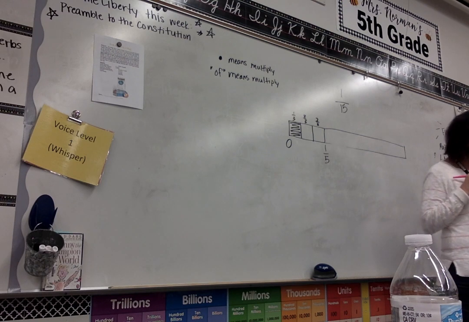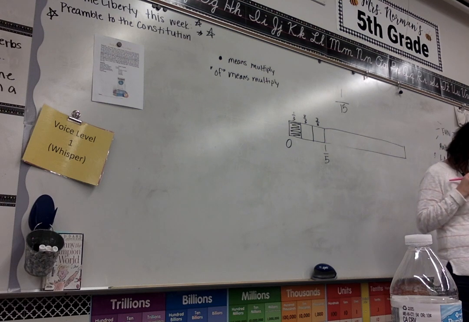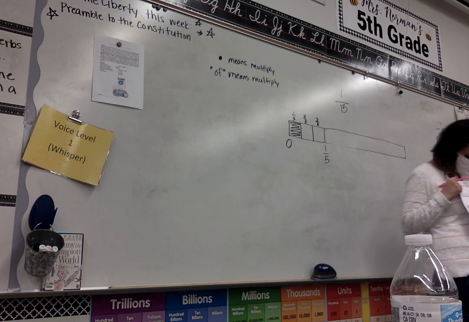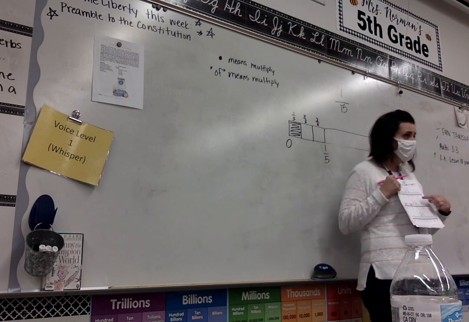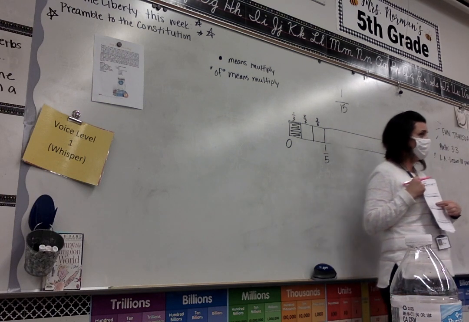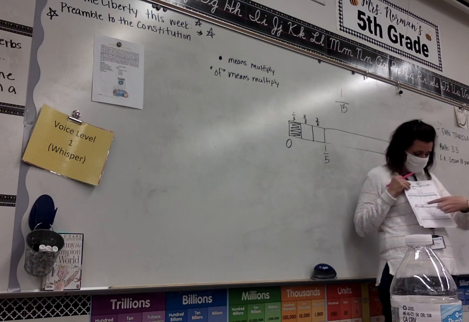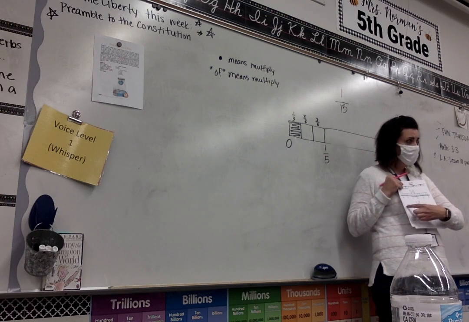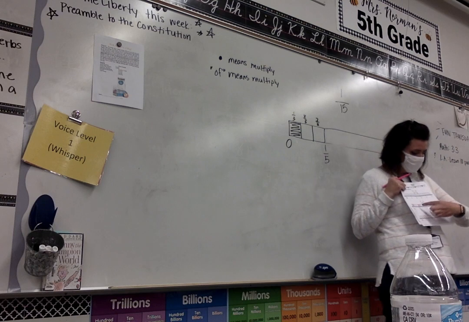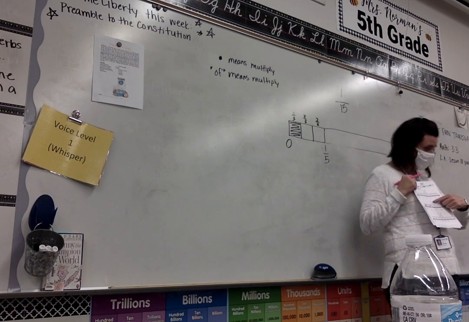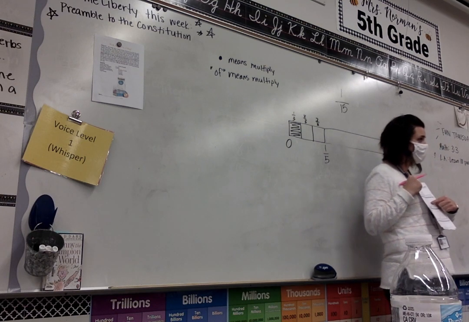But I'm actually coloring in 2/4. So I've got to take 1/4 here and then another 1/4. I'm going to color in 1/3 of that one. Notice my equation. It says 1/3 of 2/4. So I'm going to find 1/3 of 1/4 and then 1/3 of another 1/4 because I'm finding 1/3 of 2/4.